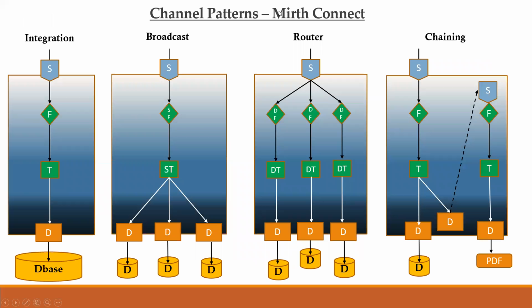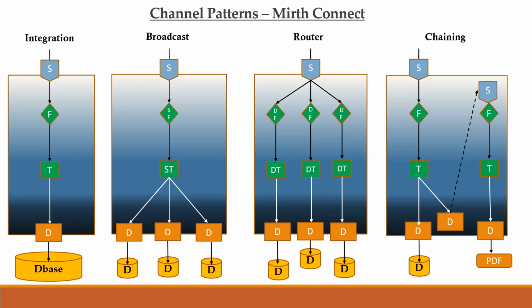So now next, let us take a look at the design of each of the channel patterns that we can create. Now that we know that every channel has these components, let's take a look at what kinds of channels we can create. There are 3-4 basic patterns that we can see. We'll talk about these patterns and their real-time use cases so that we know what kind of channel to create for a certain use case when working on real-time projects.